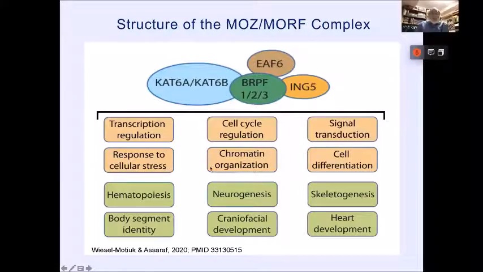And so that's what transcription regulation is, response to cellular stress. So when the cell is stressed, these small molecules will go to the nucleus, and these enzymes will modify those histones and cause these different effects.